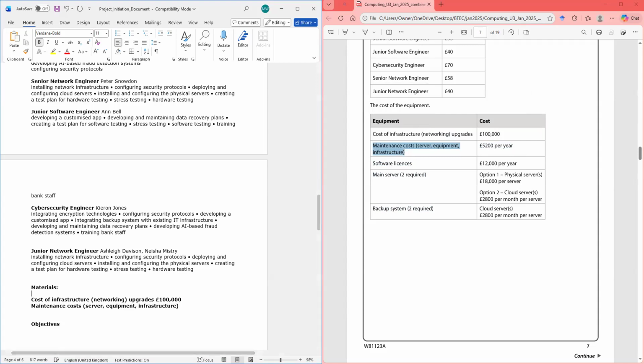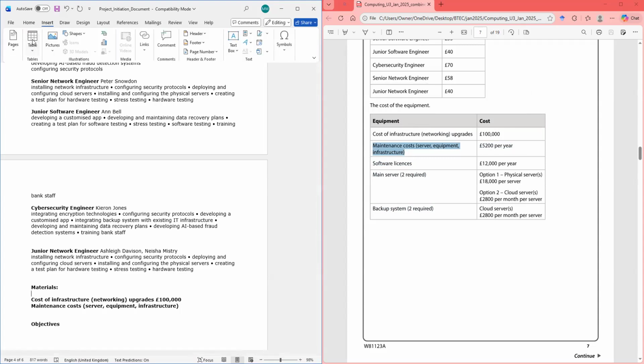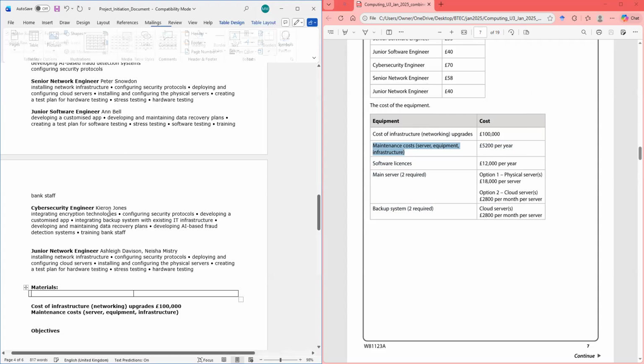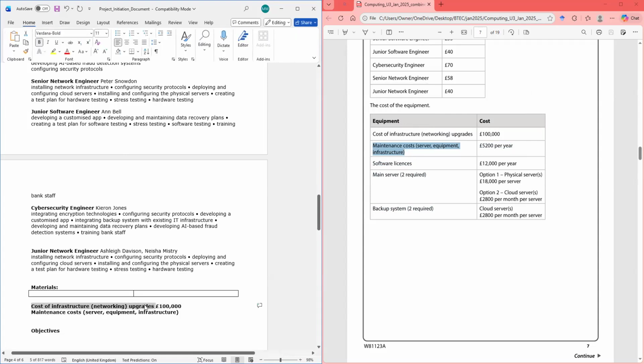Oh, let's create a table for this. Let's insert a table. I'm going to start with a table of just two first. I'm going to copy this here into the first one.